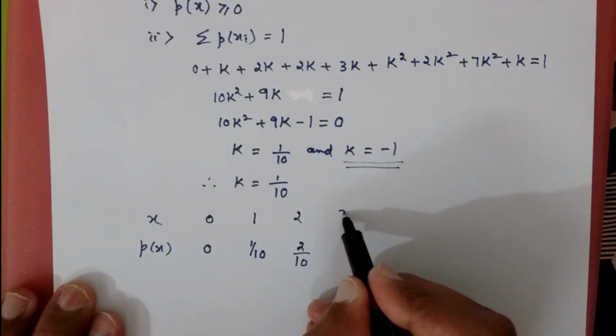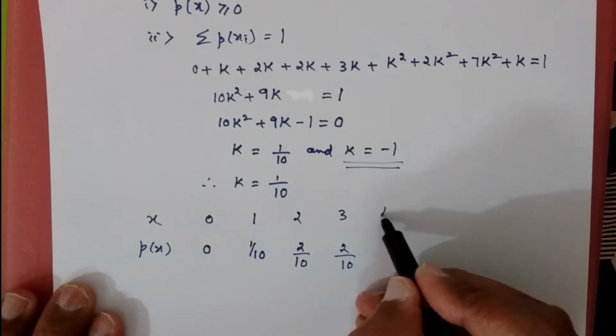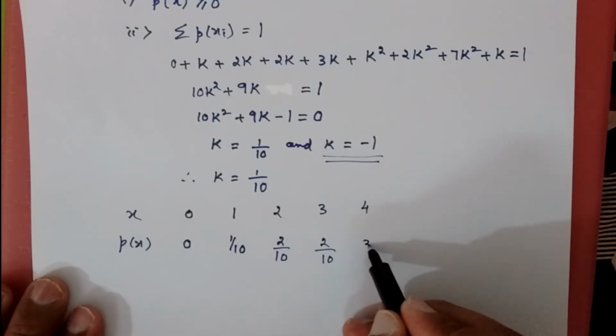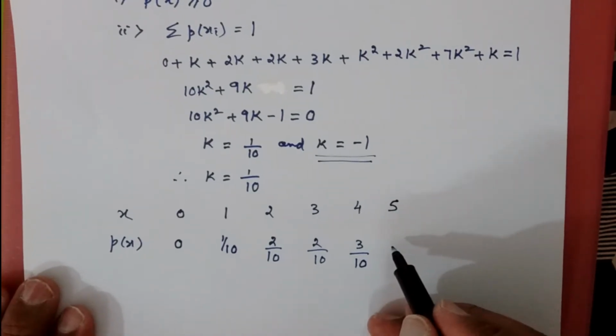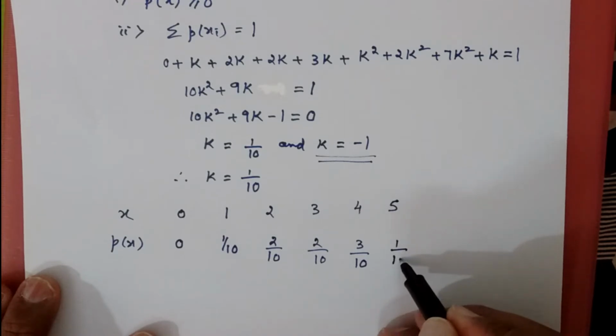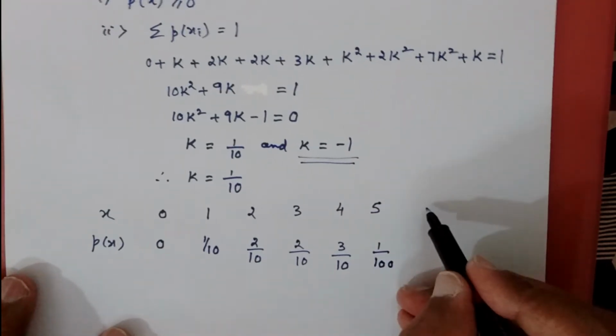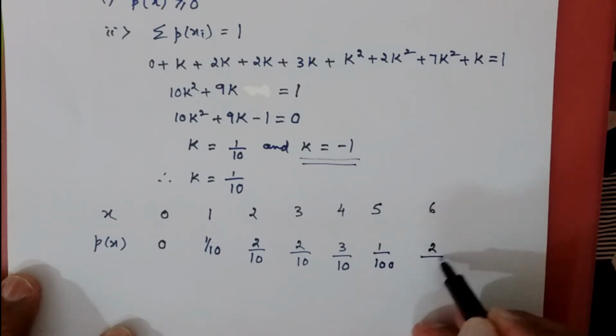Then it is 3, again it is 2k, it is 2 by 10. Then you have 4, it is 3k, it's 3 by 10. Then you have 5, the value of p is k square, so it is 1 by 10 whole square, which will become 1 by 100. It is 6, it is 2k square, that is 2 by 100.